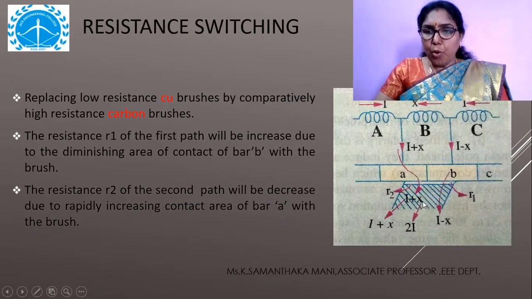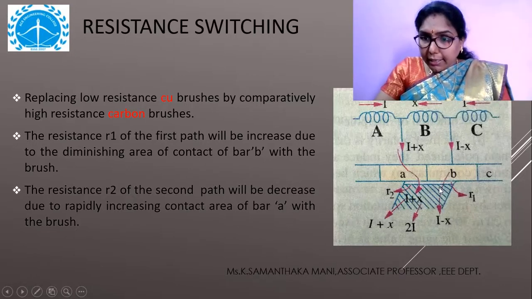Now we'll move on to the next condition, in which the commutator segment is rotating in the forward direction. Gradually, the contact area of this brush with segment B decreases, and the contact area with segment A increases.